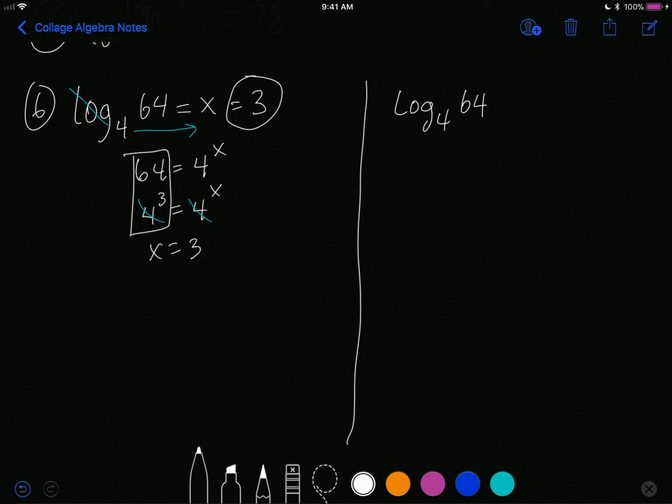And because I know that, I can say, well, this is actually log base 4 of 4 to the third power. Notice right here how I've changed the 64. And then the bases are the same. When the bases are the same, they cancel out. So my answer is simply 3.